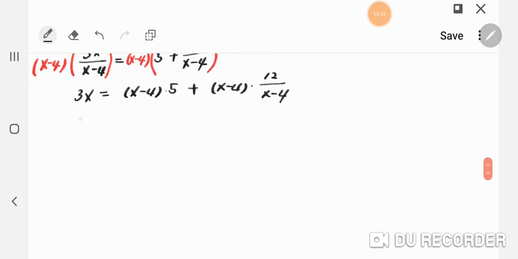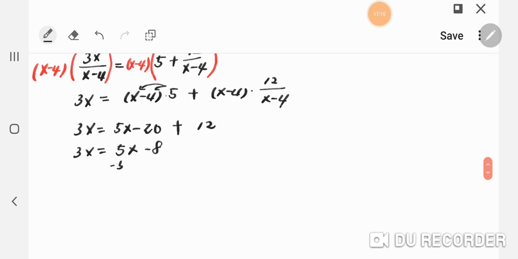So 3x is equal to 5x minus 20 plus, and x minus 4 cancels out because the whole x minus 4 is one big factor. Then simplify each side. Negative 20 plus 12 is negative 8. Then minus 5x each side, so negative 2x equals negative 8.